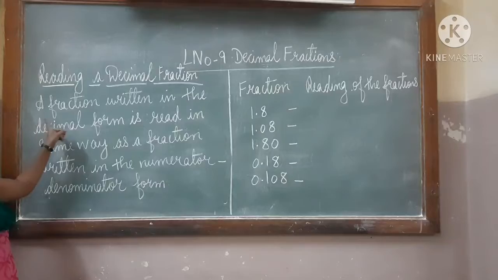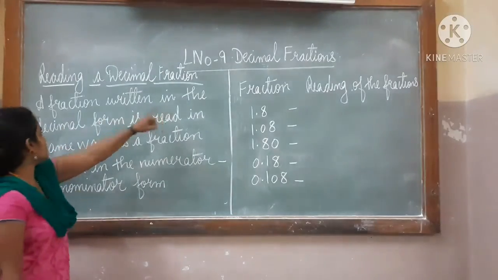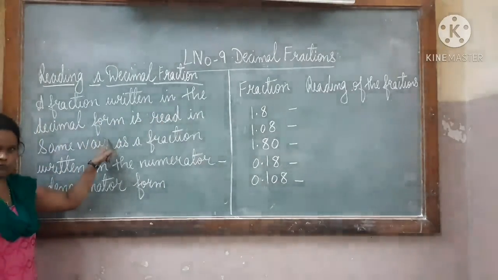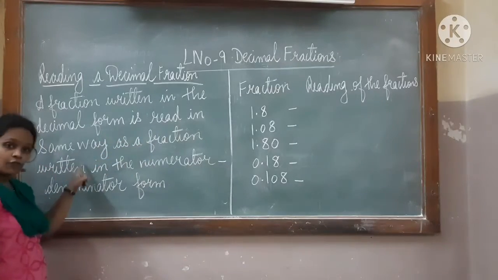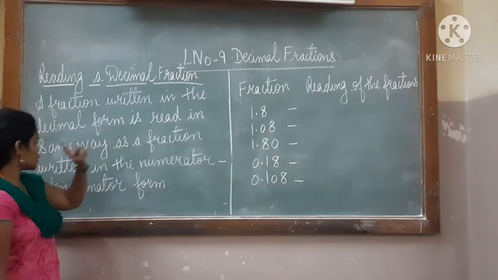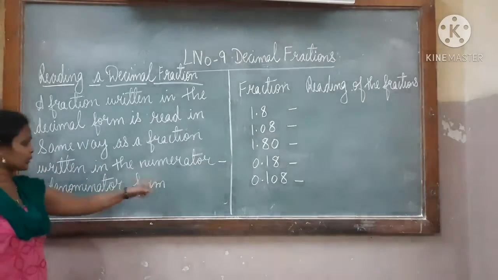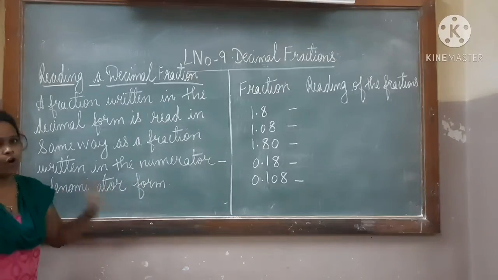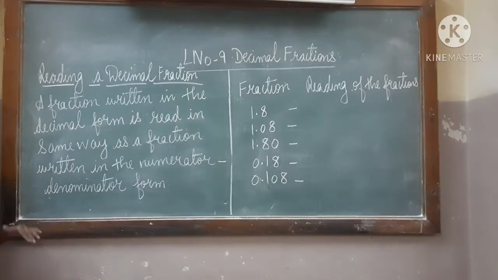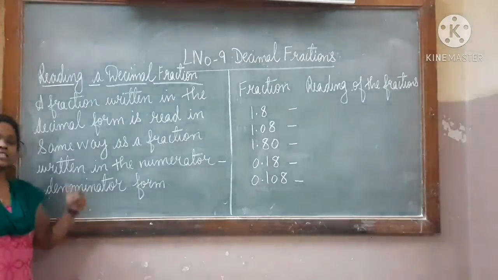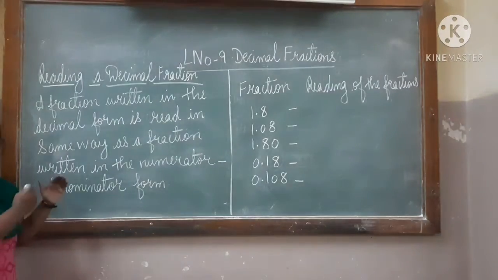What is there? A fraction written in the decimal form is read in the same way as a fraction written in the numerator denominator form. Means here they are telling us that a fraction which is written in the decimal form is read in the same way as a fraction written in the numerator and denominator form.